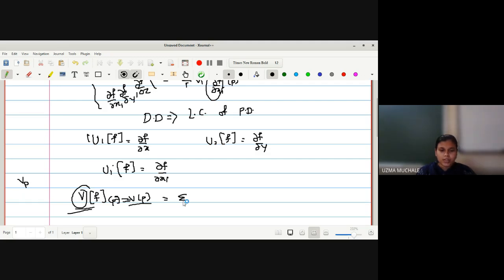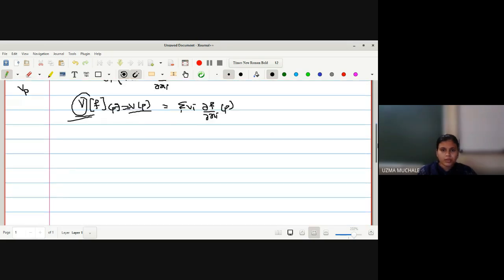The definition is very similar to what we have seen for a tangent vector, ∂f/∂x_i at a point P. But what is the actual change here? If you change the point P, obviously the tangent vector is going to change, because in a vector field we have many tangent vectors. A vector field is simply a collection of tangent vectors at every point of E3 space. So if I go to any point in E3 space, I get one tangent vector.